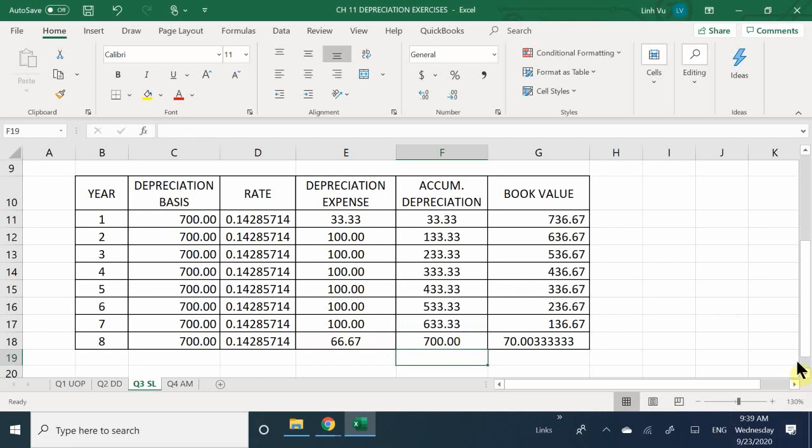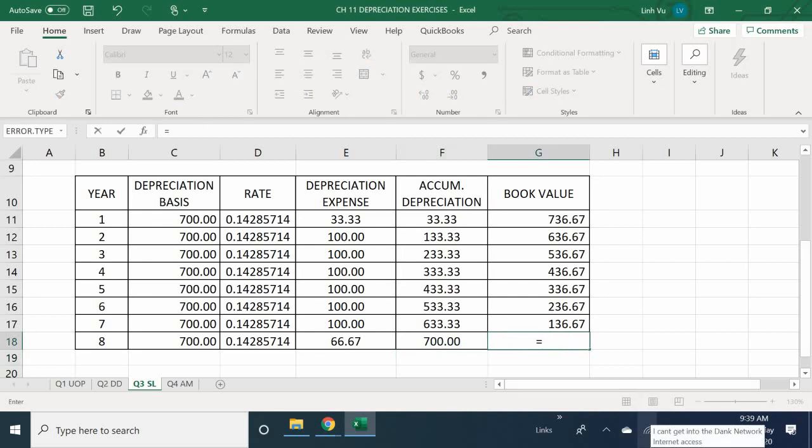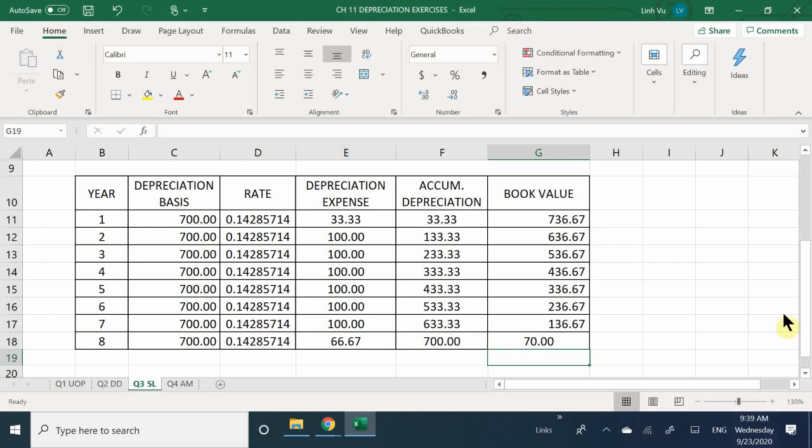And therefore, my book value should be 70. So 770 minus this. Boom. I've depreciated it completely 100%, and I've reached my salvage value.